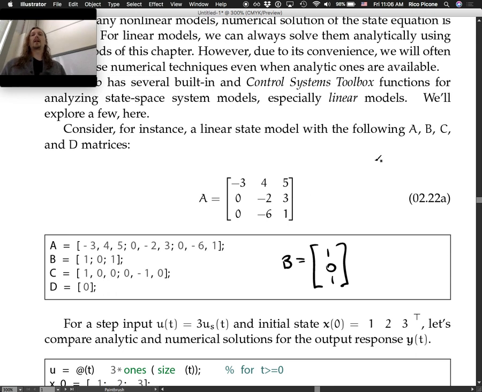Remember, in our state equation, B multiplies the U vector, so the inner dimensions must agree. So it's a 3 by 1. How many inputs do we have? 1. Very good. And how many outputs do we have? 2 outputs, because we have 2 rows in our C matrix, right? So there have to be 2 outputs.